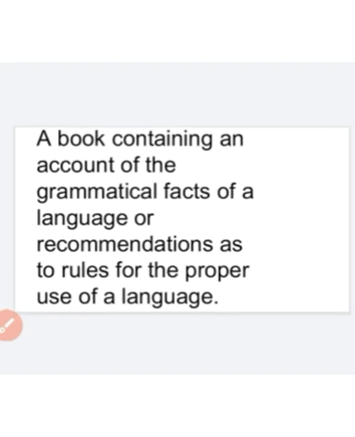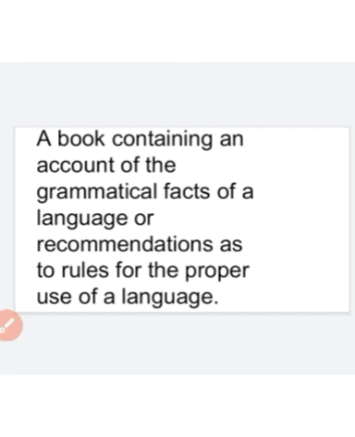Then the next one, the last conventional resource, is grammar books. It is basically a book containing an account of the grammatical facts of a language. What exactly are the patterns we have to follow when we look into a language? Those grammatical facts are given there, along with recommendations, more or less as rules for the proper use of language. How exactly you can use the English language in the proper way, these are the recommendations for that.